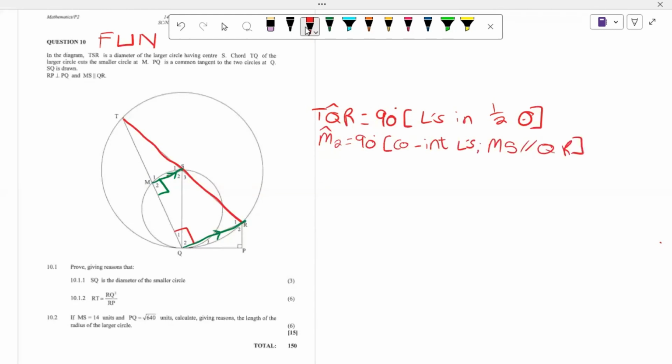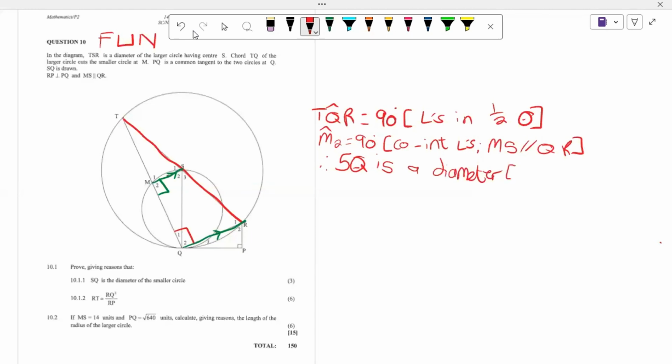But then to answer my question, I have to say, therefore, SQ is a diameter of the smaller circle, because that's what they are asking. SQ is a diameter of the smaller circle.